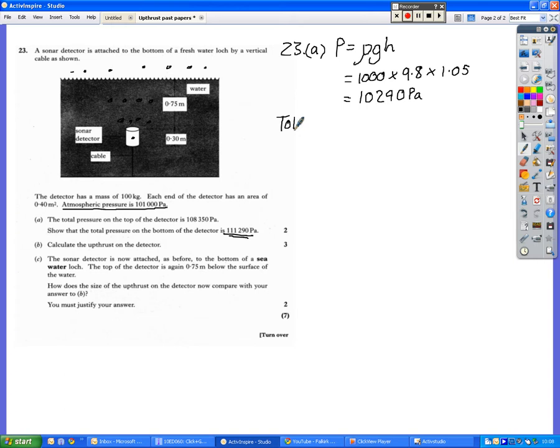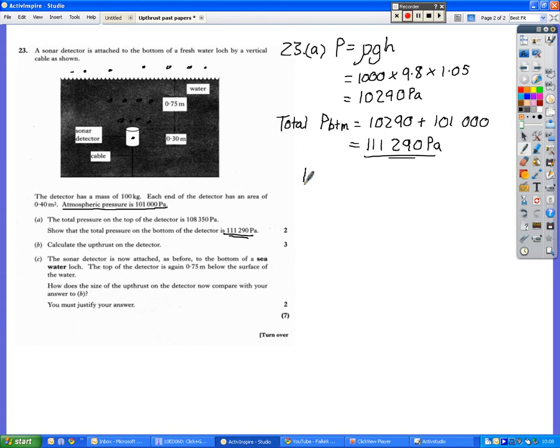So your total pressure on the bottom surface is equal to 10,290 plus this atmospheric pressure of 101,000, and that will give you the number you're looking for, which is 111,290 pascals.